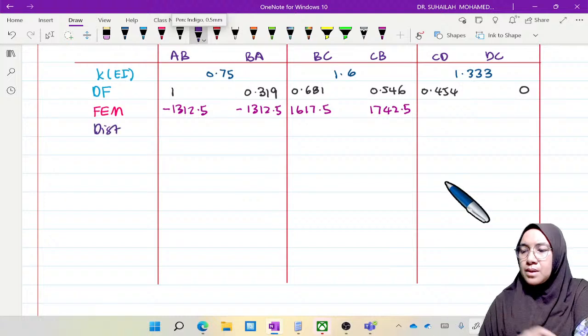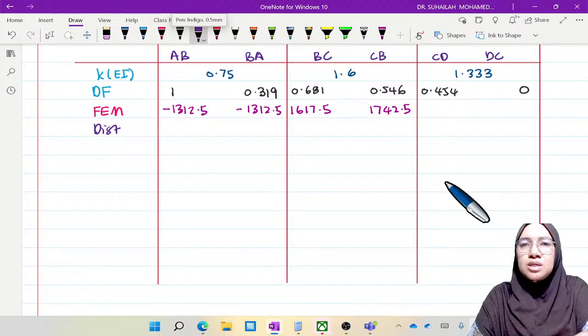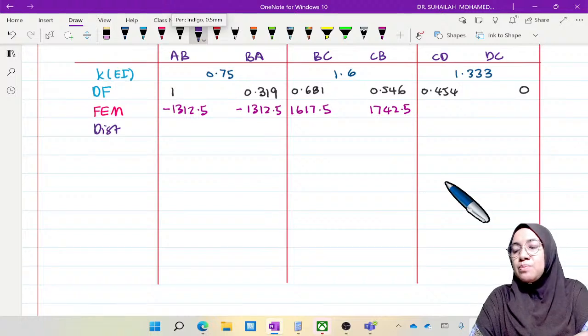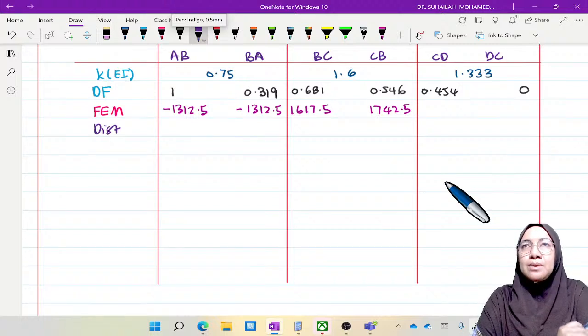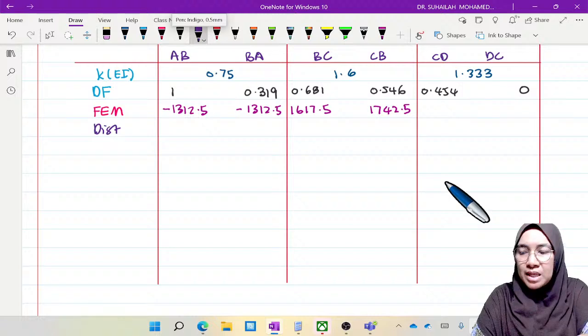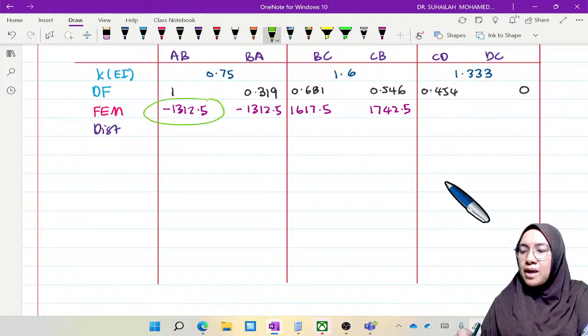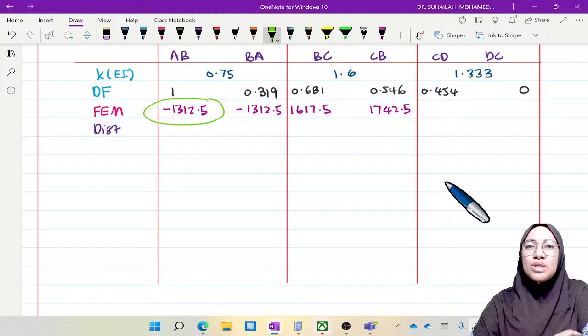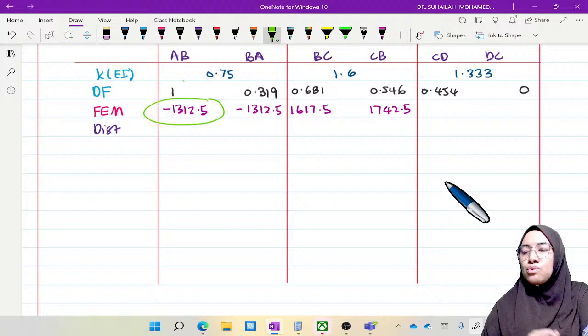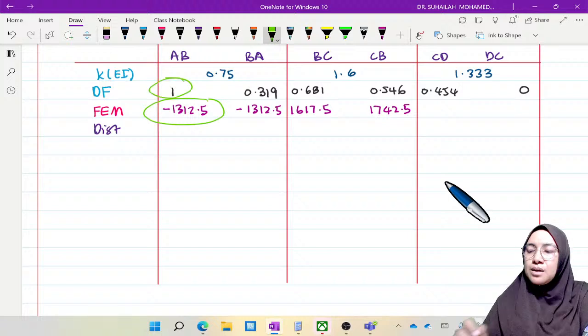Remember, when we want to distribute, we must find the joint moment, and the joint moment is opposite to the member end moment. And we must multiply the joint moment by the distribution factor. We do it one by one. Joint moment for A: the FEM is the first member end moment in the table, and the joint moment is opposite.